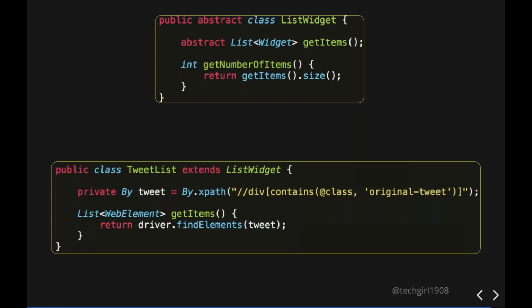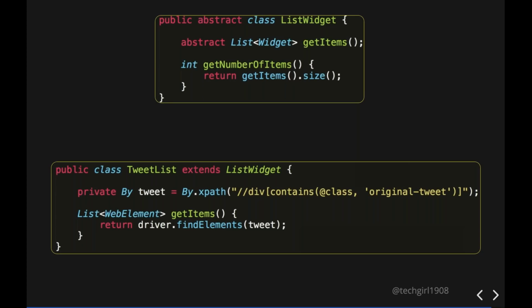And so if we look back at our Twitter example, we can see here an implementation of that where it says, I'm going to make a tweet list. So that'll be my widget. It'll be a tweet list. It's going to inherit from that abstract class, which is list widget. If you inherit from an abstract class, then you need to go ahead and implement its abstract methods.